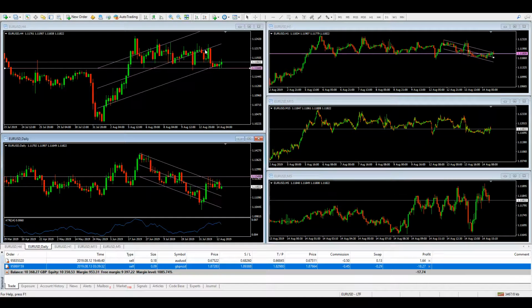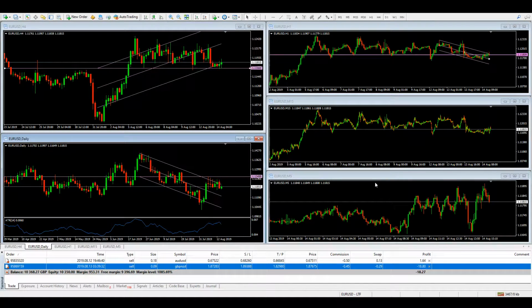But it's just conjecture really until we see it break these. So it's really break these, then pull back. It's kind of started to do it on the hourly in terms of seeing some relevant price action, but it's just a wait and see.